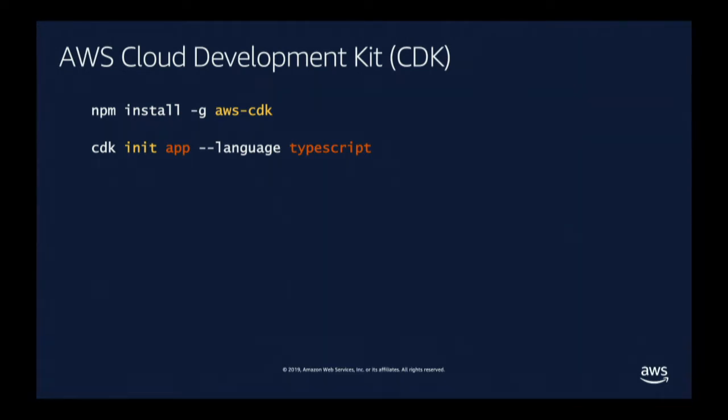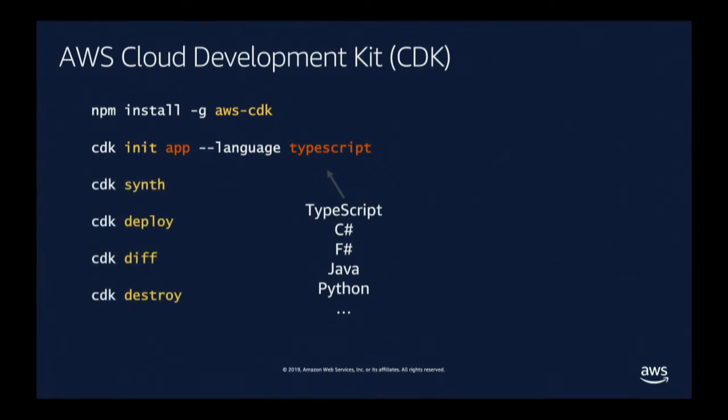I think we do support Go as well. It's a command line tool, CDK, where you can scaffold your project, and then it's a library of different constructs that you can use. And CDK, the only thing it does is generate a CloudFormation template. So it allows you to use your favorite programming language to generate infrastructure.